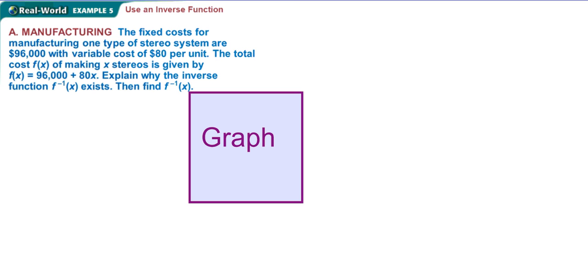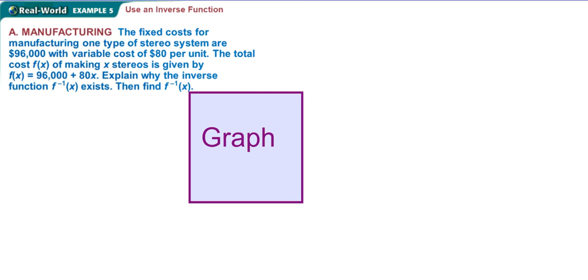So this is a manufacturing problem, and it's number 5. The fixed cost for manufacturing one type of stereo system is $96,000. And the variable cost is $80 per unit. The total cost f of x of making x stereos is given by f of x equals 96,000 plus 80x.